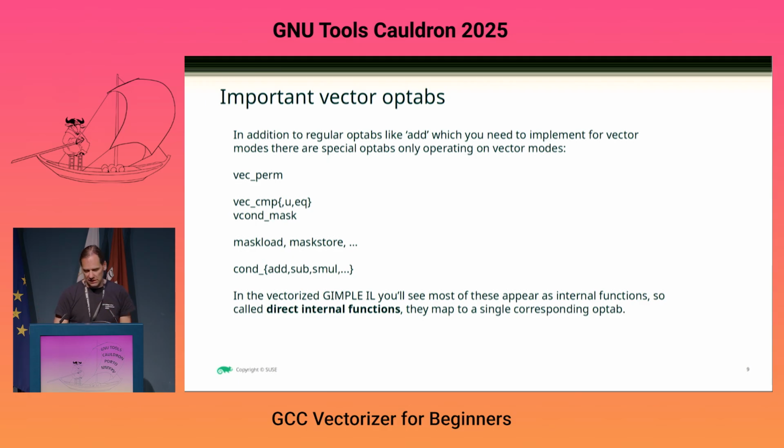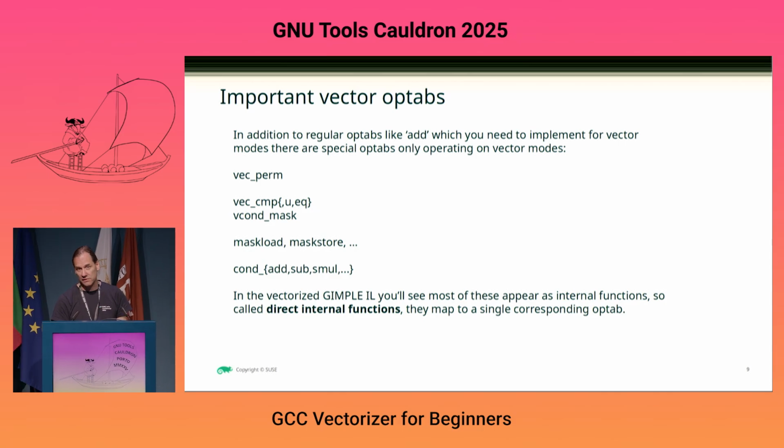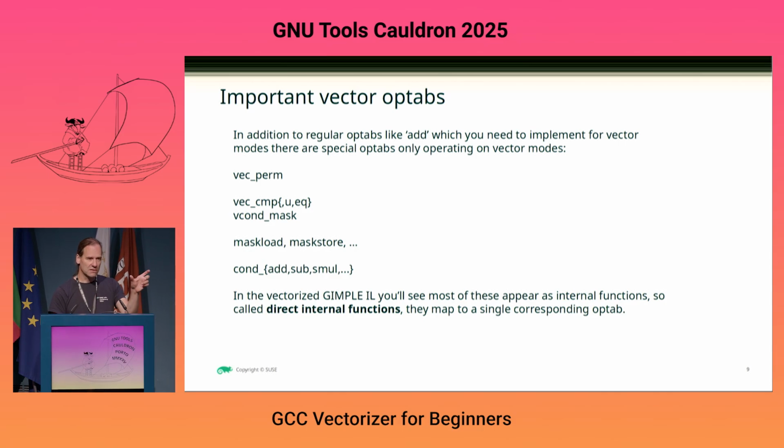So back to the optabs. There is, of course, the corresponding permute optab to the permute const hook. So the permute const hook tells the vectorizer this constant, so compile time known permutation can be implemented by the target, and then the vec_perm optab has to succeed expanding.